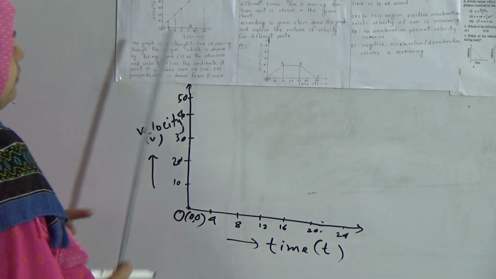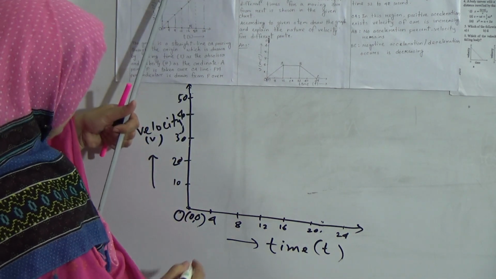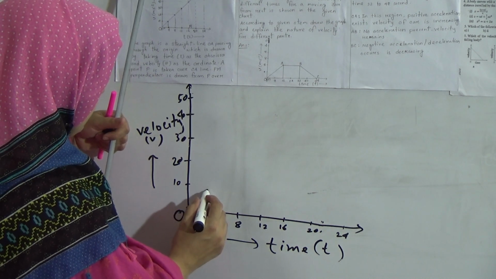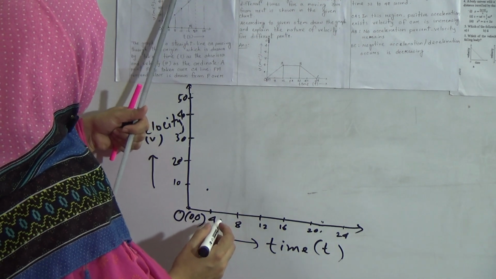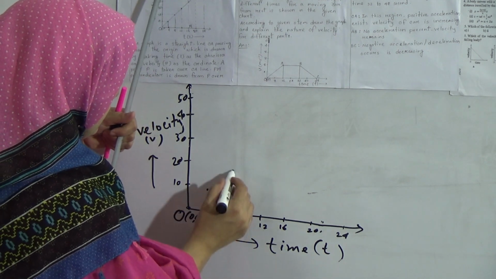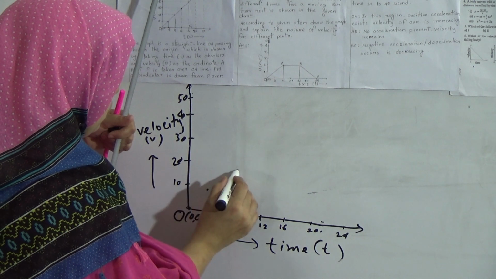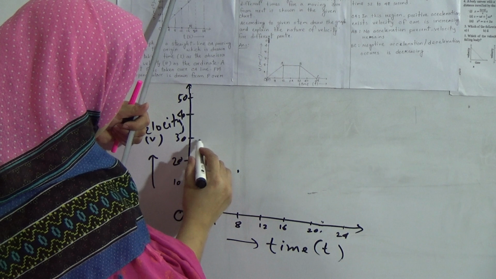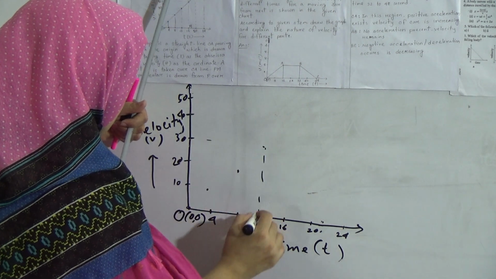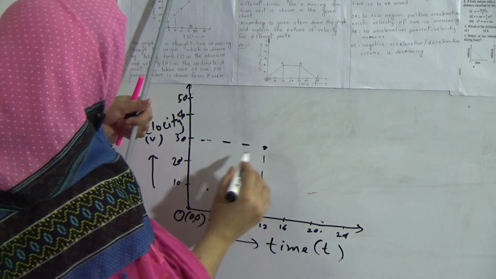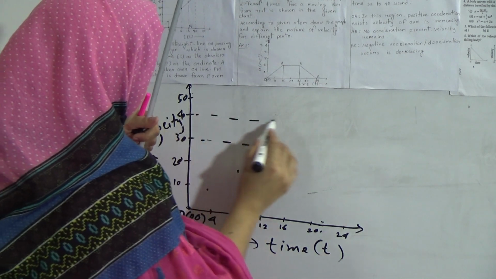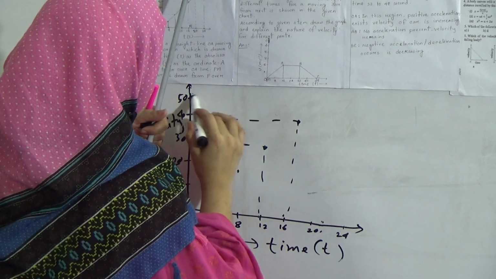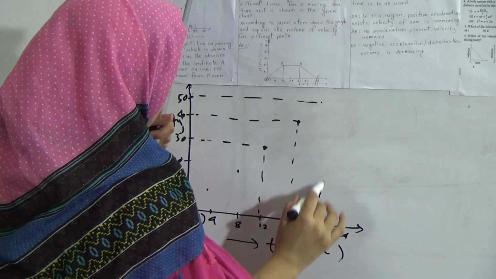Now we have to plot these. For 4 seconds, 10 is given, that means here. Then 8 will be 20, that means here. Then 30, this point, then 40 for 16 seconds, and this is 50 for 20 seconds.